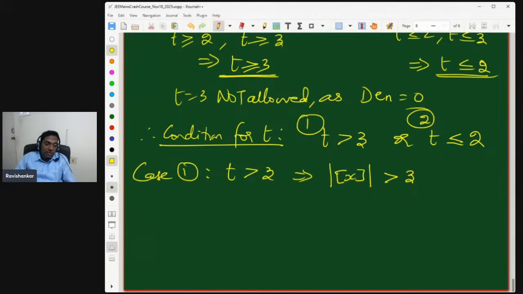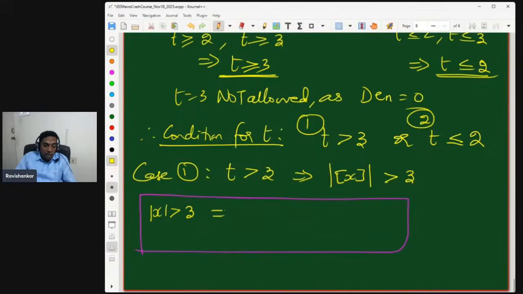In general, mod x greater than 3, you should know this as a separate thing. Mod x greater than 3 implies x greater than 3 is not complete. X greater than 3 means yes, mod x will be greater than 3, or x less than minus 3. Both are allowed.